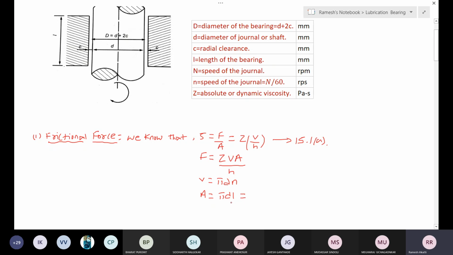We know that diameter d is equal to 2 times the radius, so A is equal to 2 pi r into L, the length of the bearing. This is the surface area, and the unit of area is mm square, and the unit of velocity is meters per second.